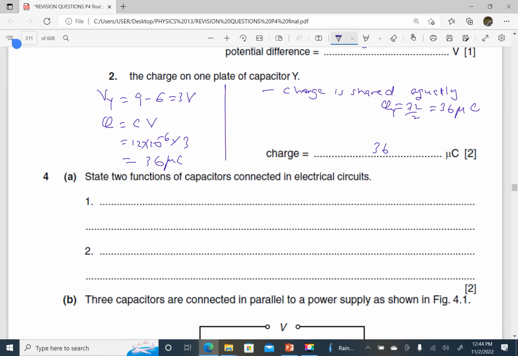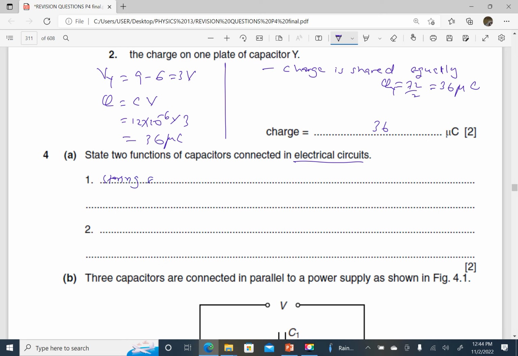State two functions of capacitors connected in electrical circuits. Number one, you can talk about storing energy. Number two, you can talk about smoothing, that is making unidirectional output voltage not fluctuate.